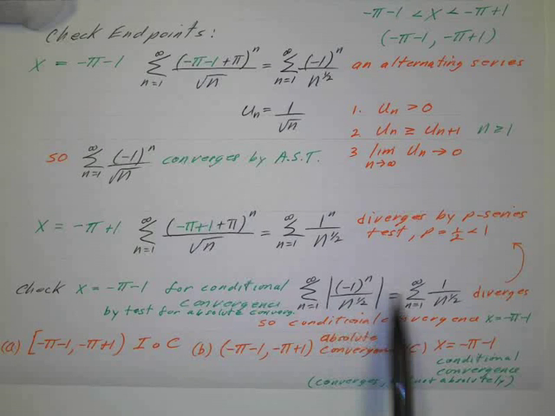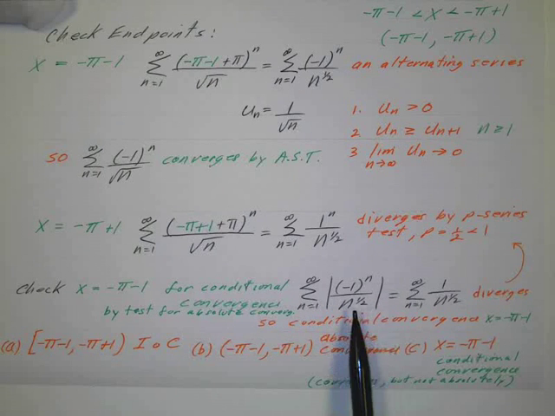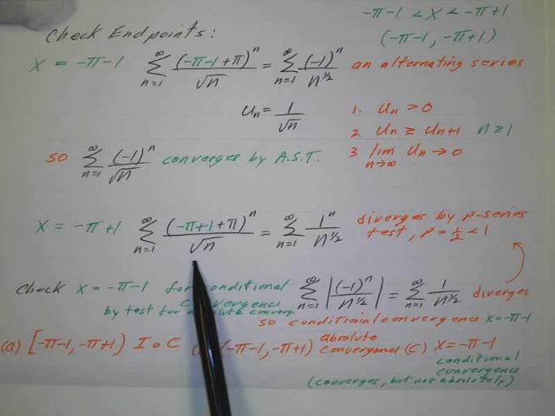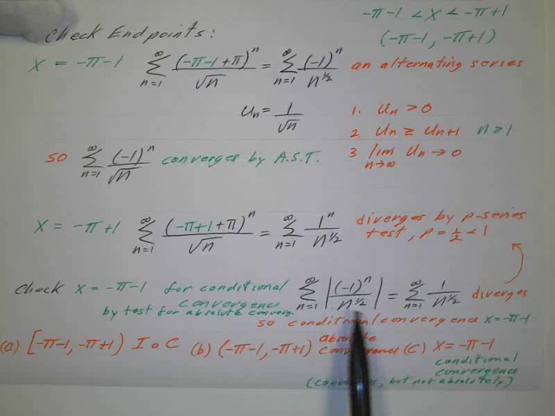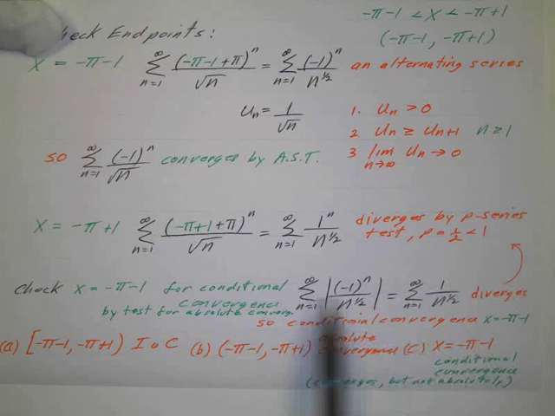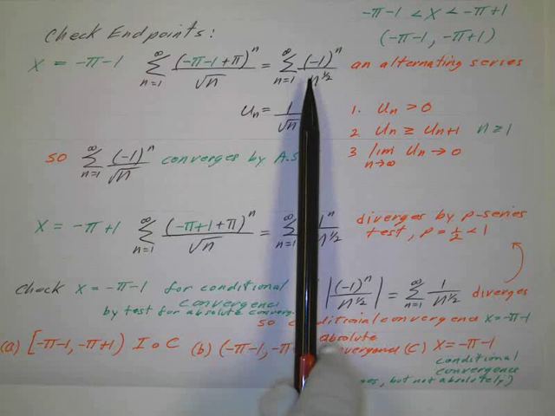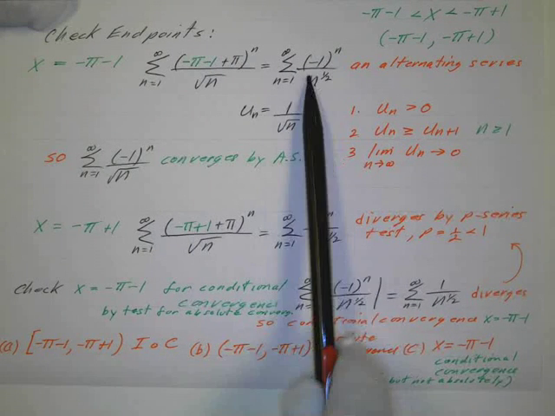In reality, by checking for absolute convergence, we're actually checking for conditional convergence, because if it converges but doesn't converge absolutely, then it converges conditionally. So we'll take the absolute value of this series. Go back up here, this is the one up here. Take the absolute value of that, and what does that do?